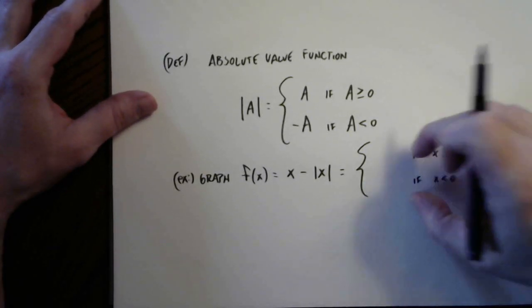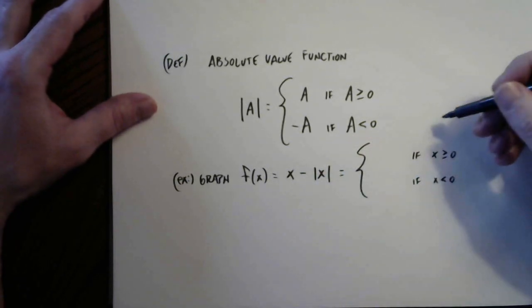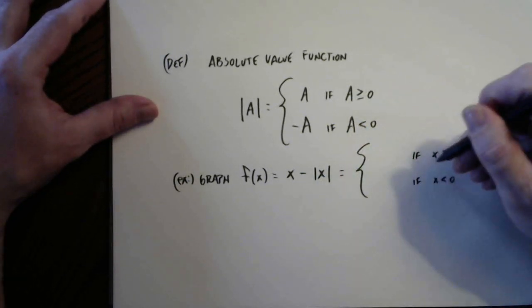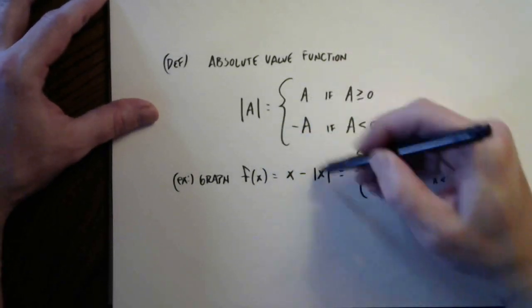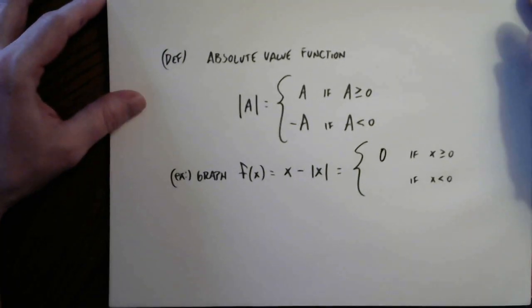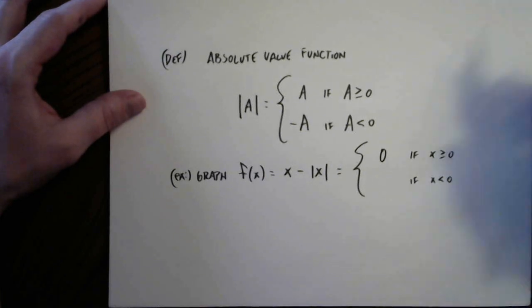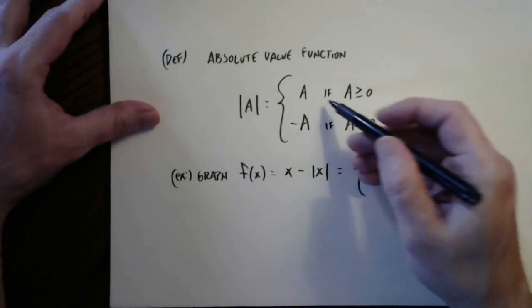Okay, so what are we saying again? If what's in there, which happens to be x, is greater than or equal to 0, we leave it alone. We leave it as what it is. So in that case, this will become x. X minus x is 0. If what's in there, which is x, is less than 0, then we negate it.